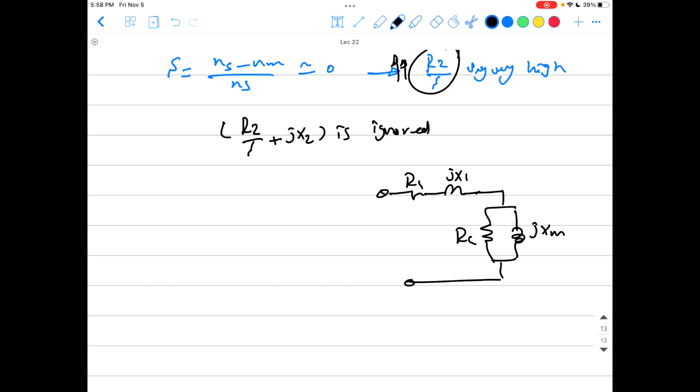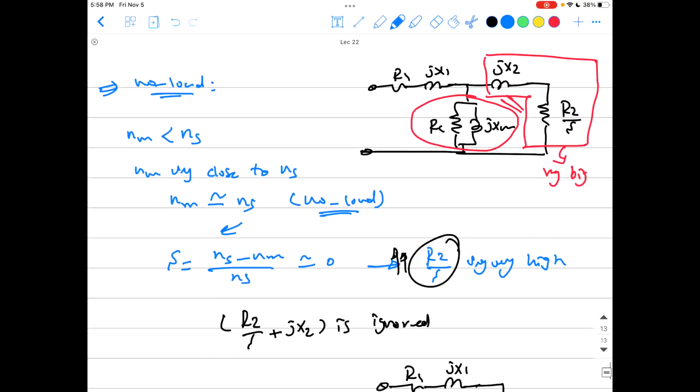Okay, guys? That is if you are using the exact equivalent circuit. Remember, the exact equivalent circuit has RC and XM. This one, that is the exact equivalent circuit.